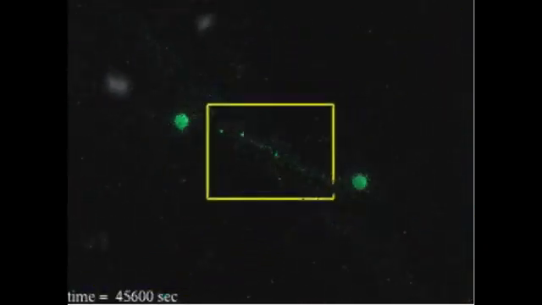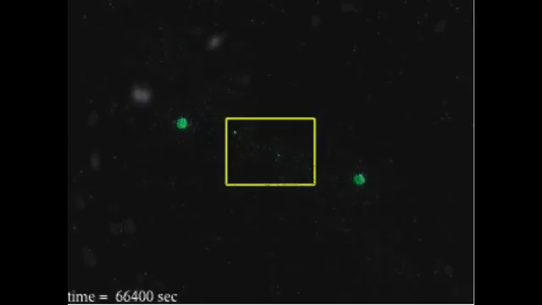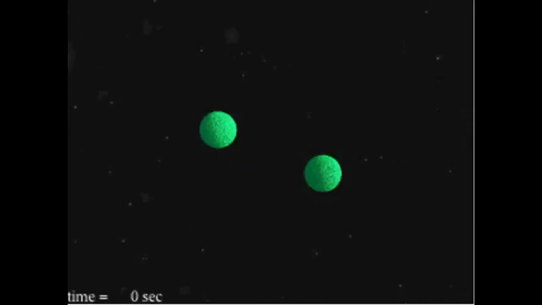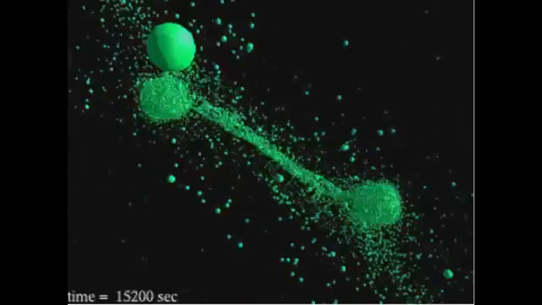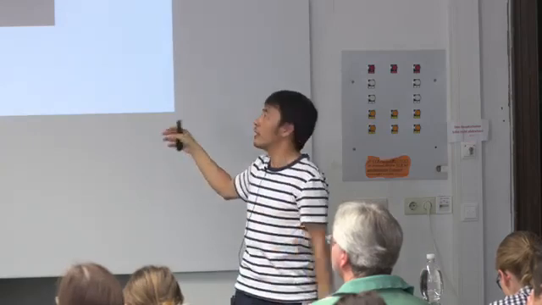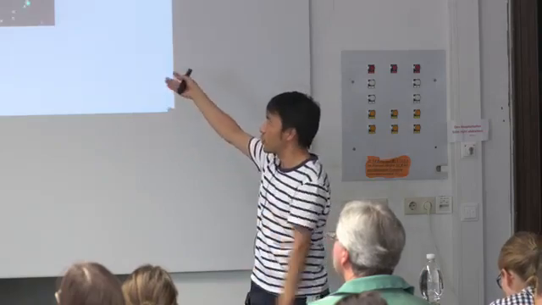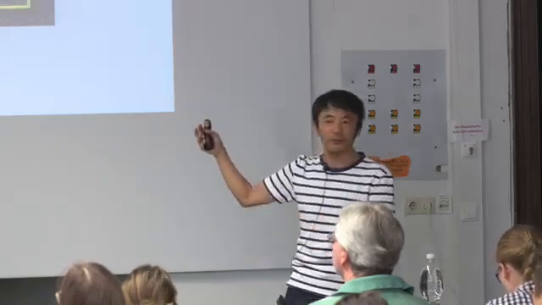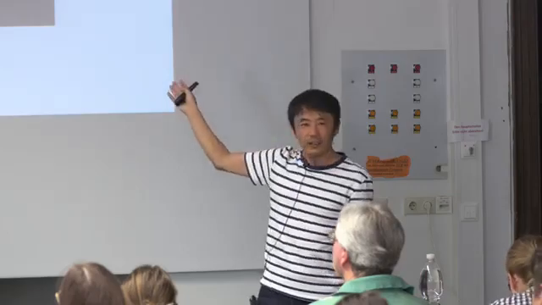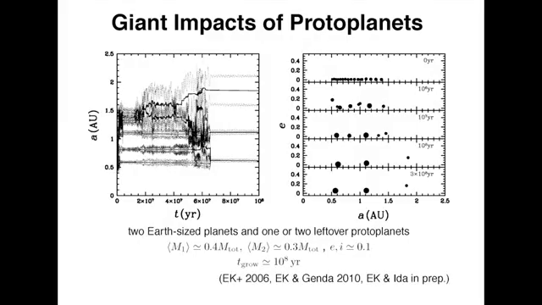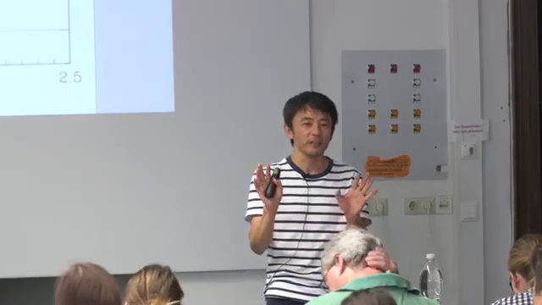So in my N-body simulations, we derived the condition for the merging of embryos as a function of impact parameters and the mass ratio of two bodies. From the numerical SPH collision simulations, we derived the conditions, and we use them in N-body simulations. And let's see the orbital evolution. Please remember Nadal's talk, he pointed out a very important thing.